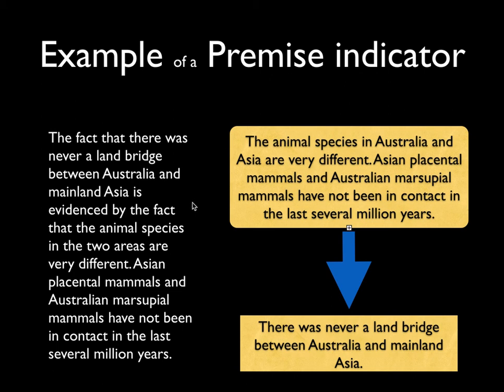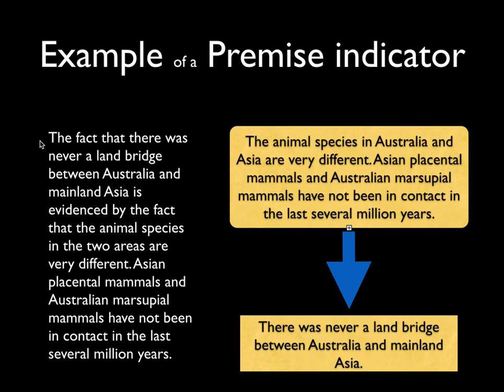Now, one more thing I'd like to point out. Notice that the premise indicators and the conclusion indicators make our lives a lot easier. It's a lot easier to find out what an argument is or how it's built if those indicators are present. Just as an exercise, try reading this paragraph without the indicators.